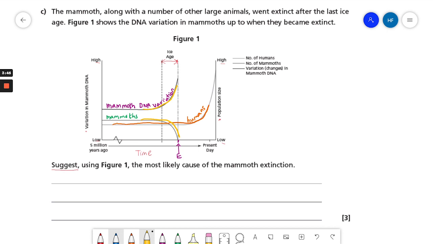So let's have a go at putting this into words. So I'm going to start just by referring to this sudden increase in DNA changes.